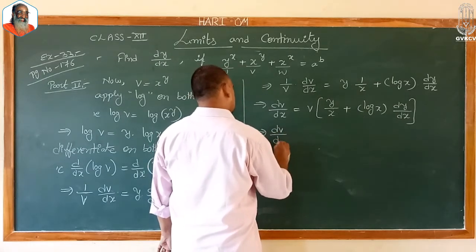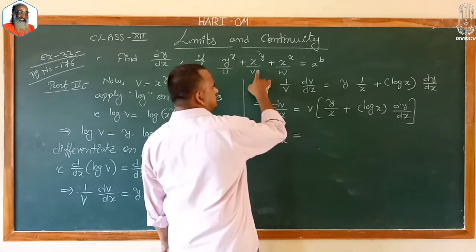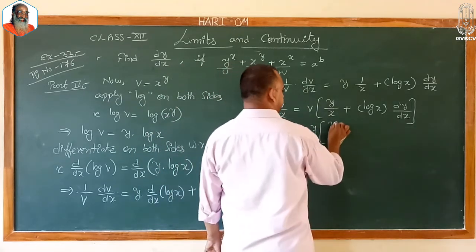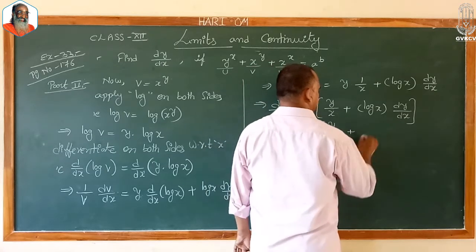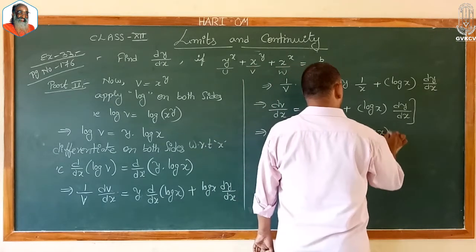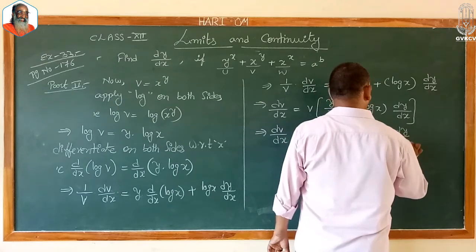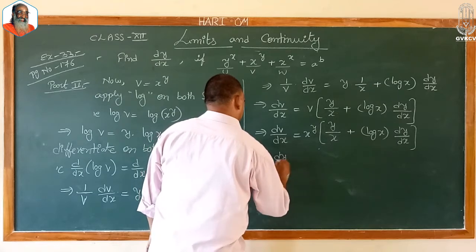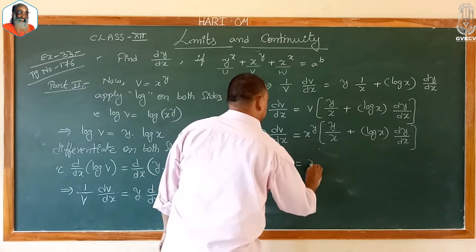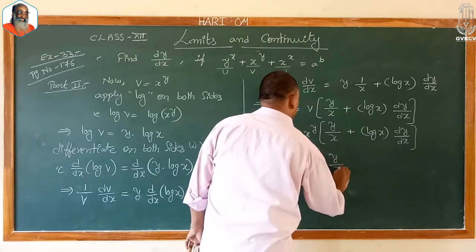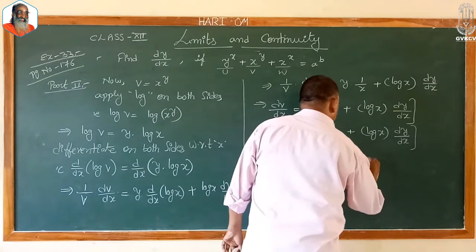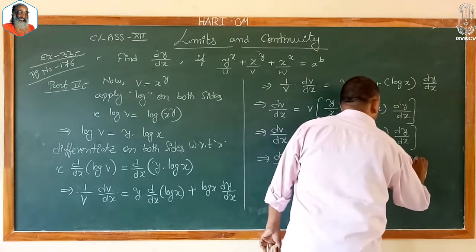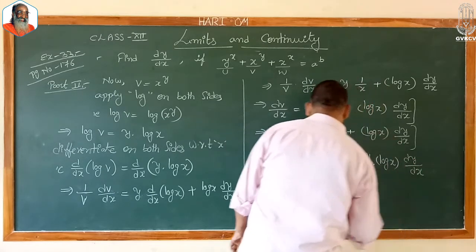So dv by dx is equal to v. What is the meaning of v? x power y. So dv by dx is equal to x power y into y by x plus log x into dy by dx.